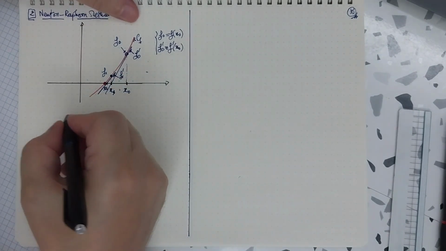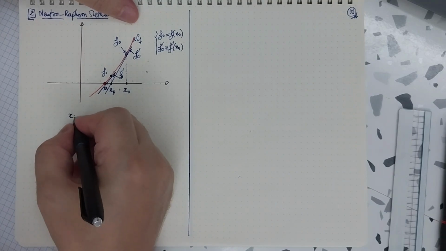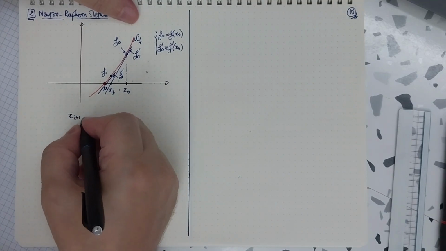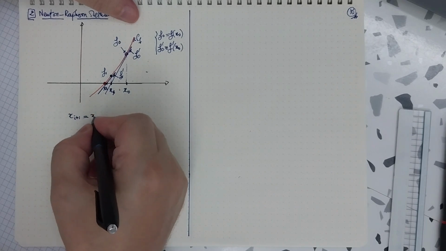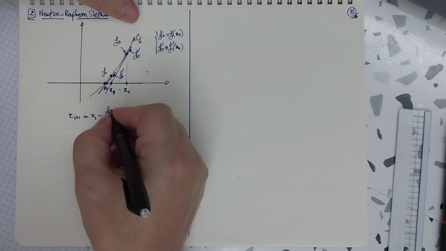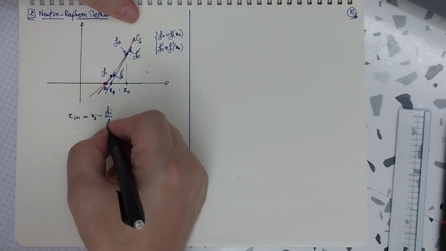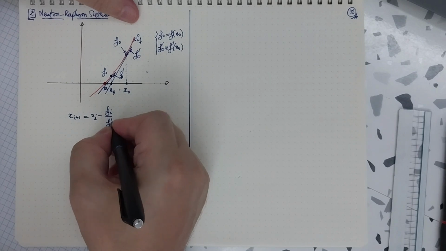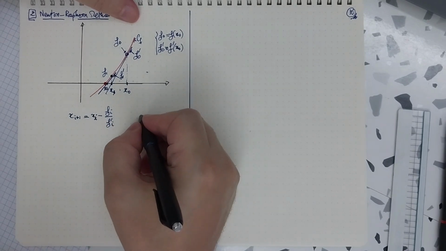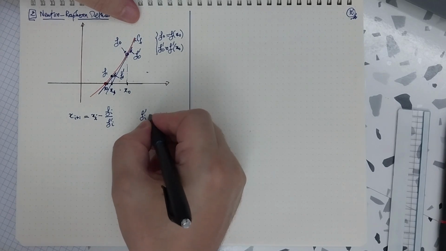And we can write the method in general. The formula: the next point equals the current point minus fi, the image of xi, over its tangent, with the condition that the tangent at the point i is different from 0.